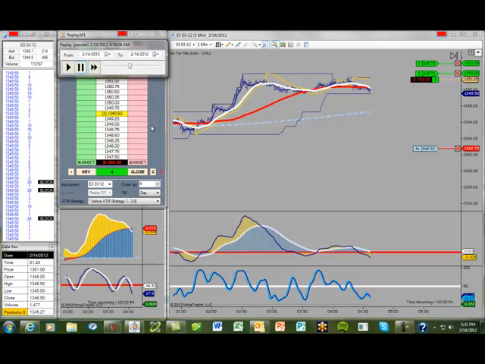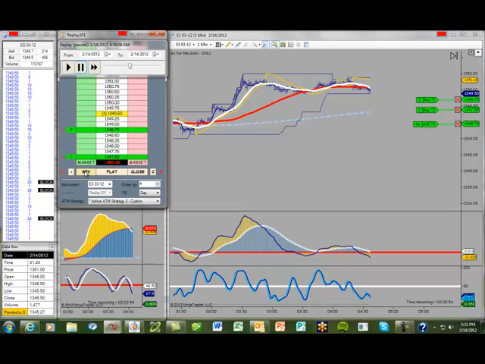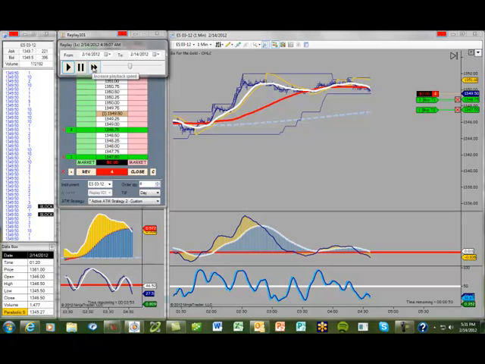So we're going to do a reversal here and take our 350 loss, and we'll see how we fare on the reverse side. All right, let's start up again.